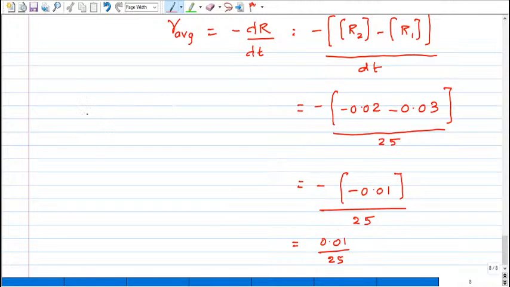Minus into minus, it is very well known, is nothing but 0.01 by 25. Now I can write average rate here. I am writing on the left hand side since I am not having space on the right hand side. 0.01 by 25, which I can write as 1 into 10 power minus 2 by 25. Correct.